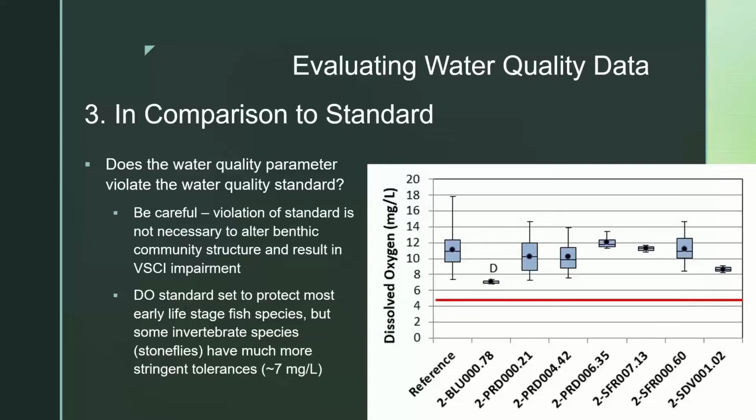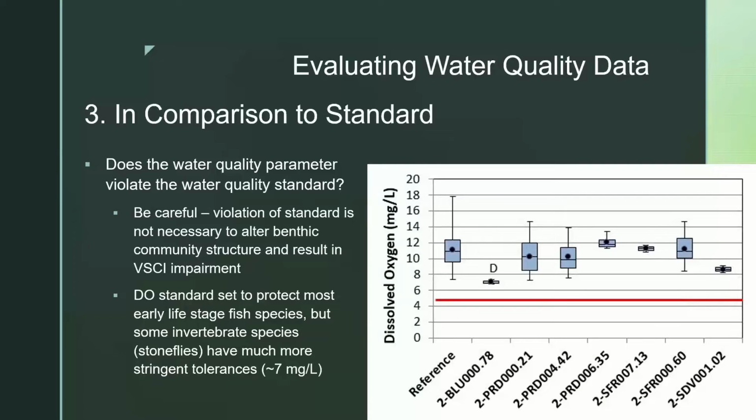But even if you go back and you look at the original standards criteria documents, they do have some benthic macroinvertebrate data in there. And what that data actually shows is that many of the invertebrates have much more stringent dissolved oxygen tolerance levels than the fish do. Some of the stoneflies had tolerance levels as high as maybe 7 milligrams per liter as a lower dissolved oxygen threshold.